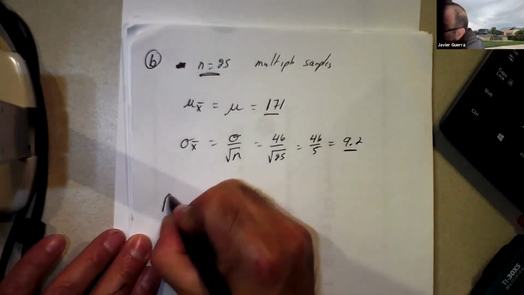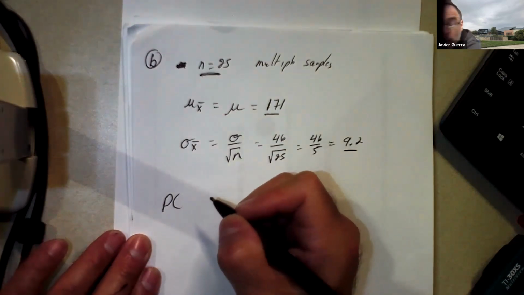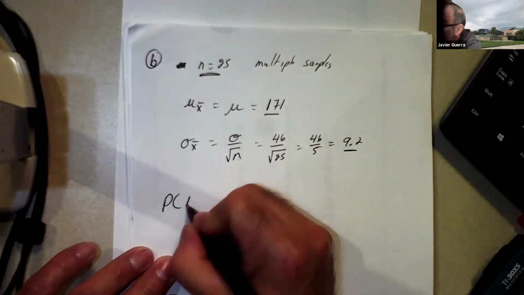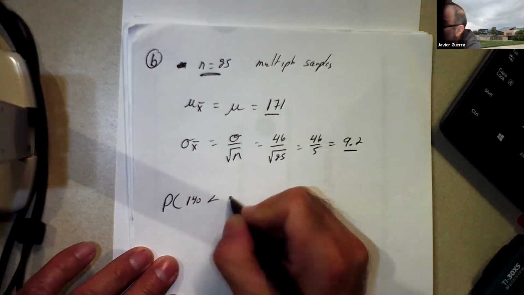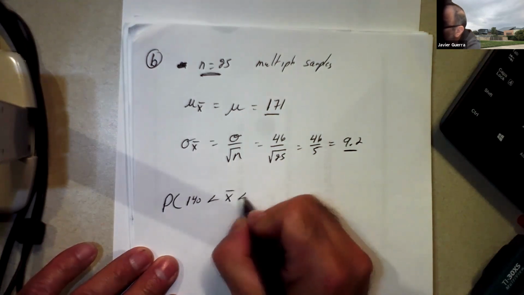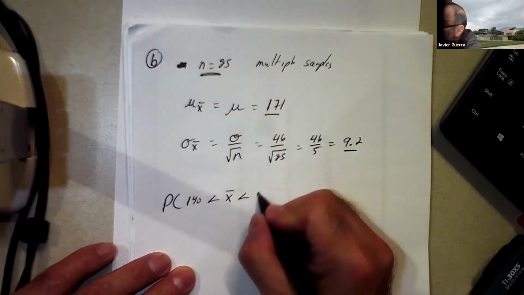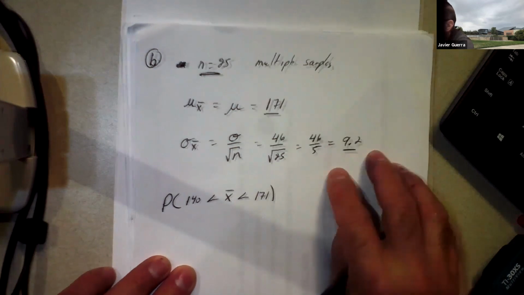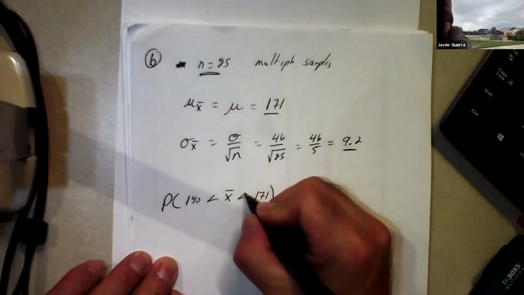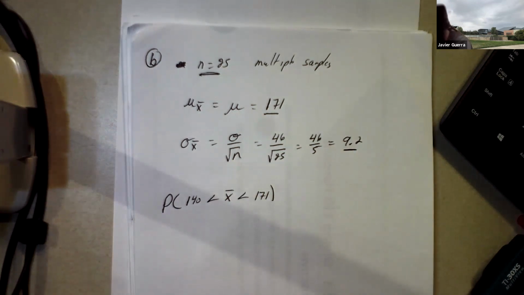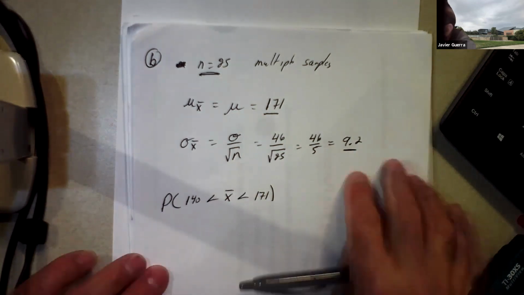And so they want you to find the probability now that the mean is between 140 and 171. The averages of those 25 are between 140 and 171. Let's see if that matters.